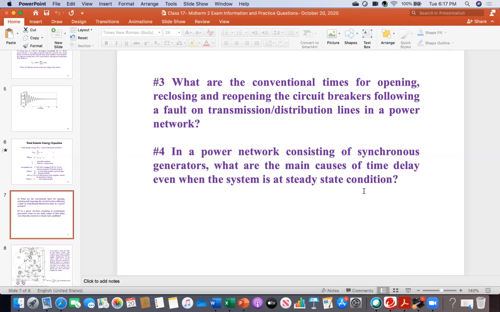And we noticed that to calculate the kinetic energy, there is some time delay involved. That's why I am asking that, for example, there is no fault in the network, but still there can be some time delay. So what can be the reasons? What are those causes for the time delay?